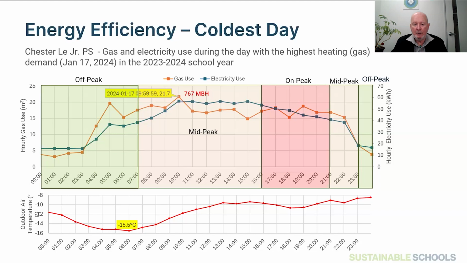We got mid-peak periods during the day, which is where in schools most of the energy is used. It's not during peak periods. It's during mid-peak periods. Then on peak is that period from 4 to 10 in the evening. And we go back to mid-peak again, and we go to off-peak.